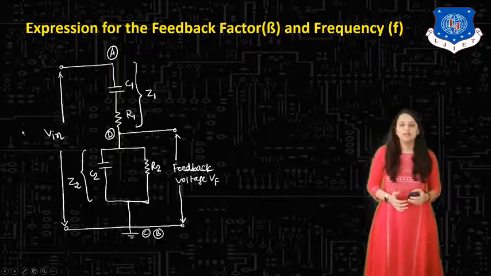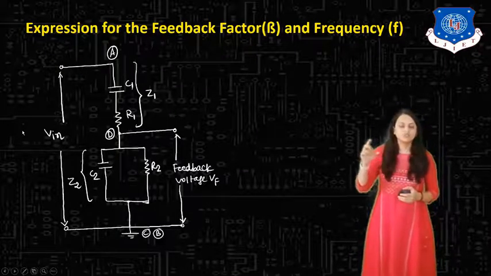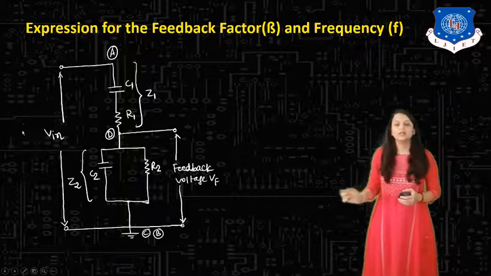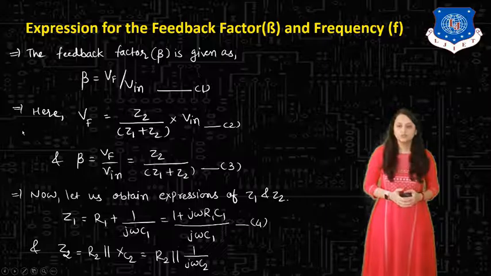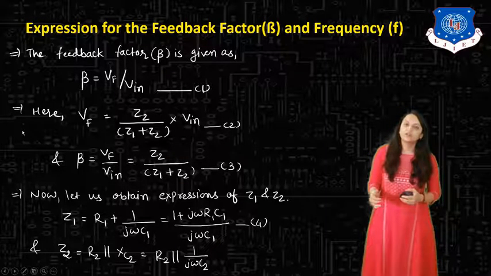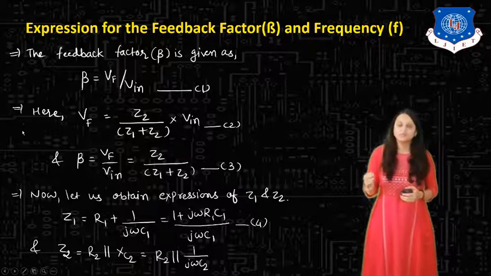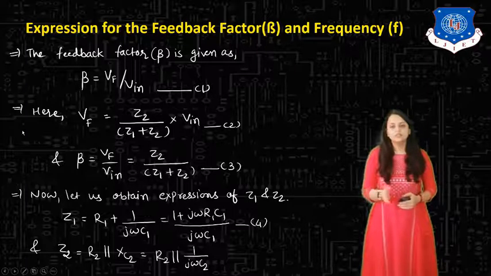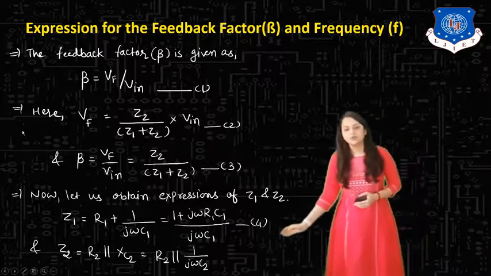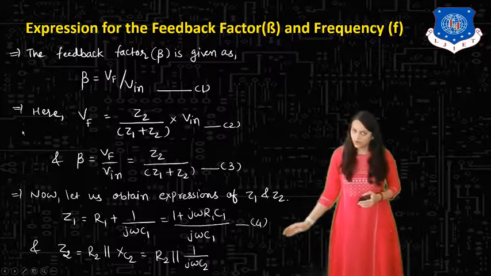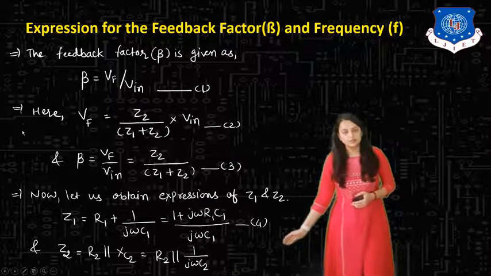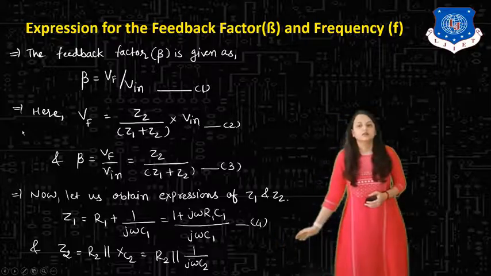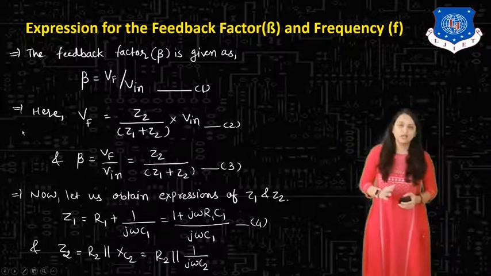As we have seen here, Z1 is the series combination of R1 C1 and Z2 is the parallel combination of R2 C2. So, Z1 is given as R1 plus 1 by j omega C1, that is equal to 1 plus j omega R1 C1 upon j omega C1, equation number 4. And Z2 is the parallel combination of R2 and C2, that is R2 parallel with 1 by j omega C2.